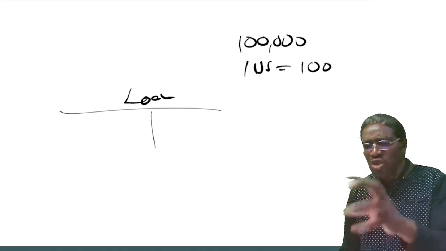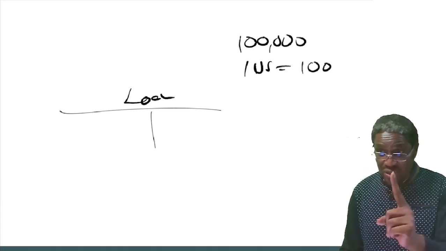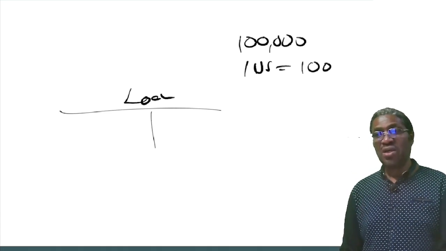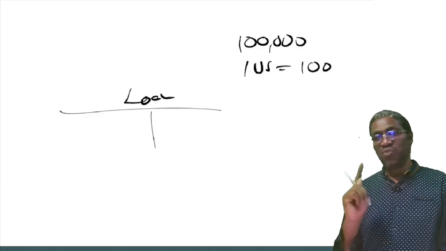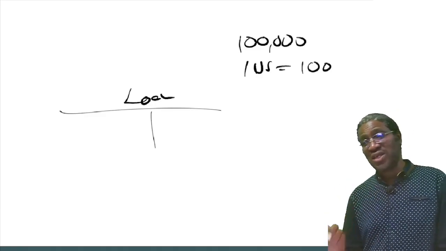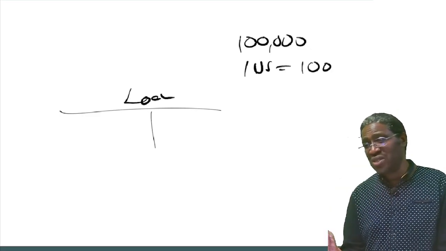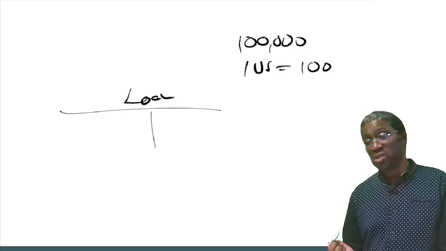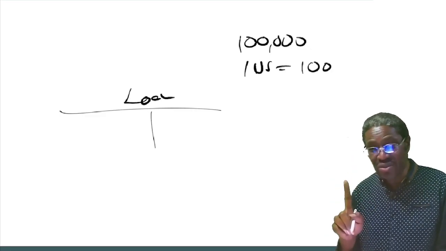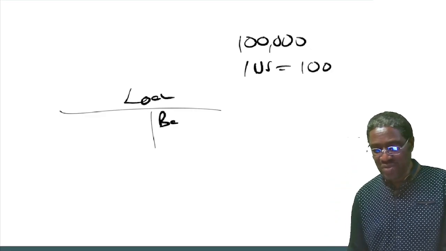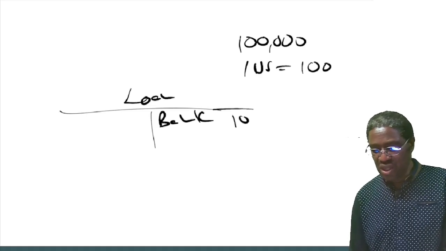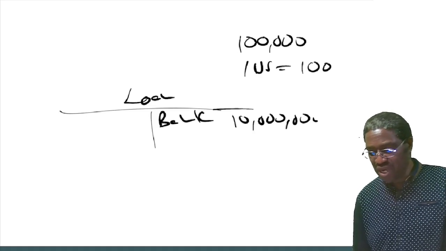So you will record your loan in Kenya shillings, which is about how much? If $1 US is equivalent to 100 shillings at that time, and you took a loan of $100,000, then it means you took a loan of 10 million Kenya shillings. So you will debit bank account in your books and you'll credit the loan account by 10 million.